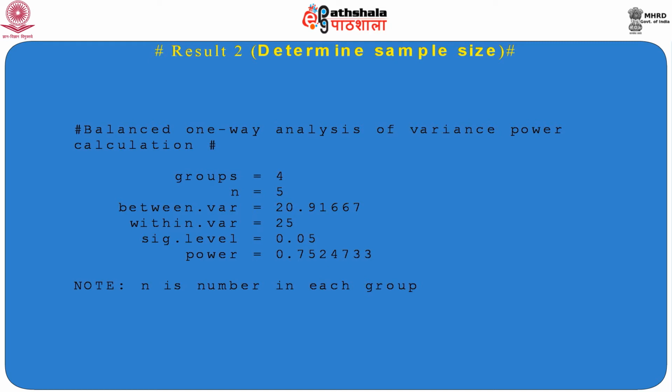Here we had assigned sample size as 5, and using the function power.anova.test, we got the result with power 75%. If we want to increase the power, then as a trial and error method we can take another sample size and get the possible power for that.